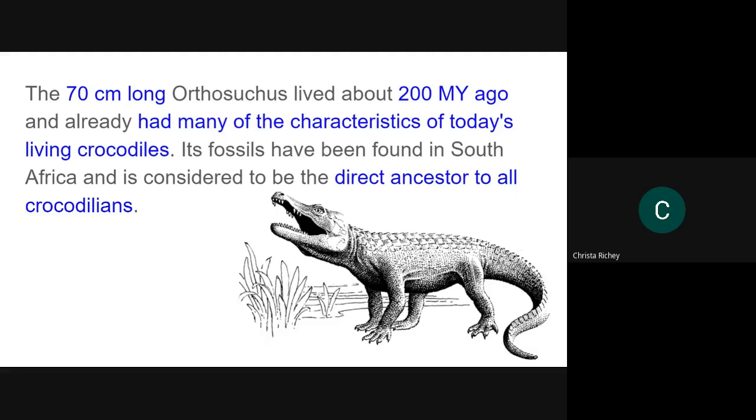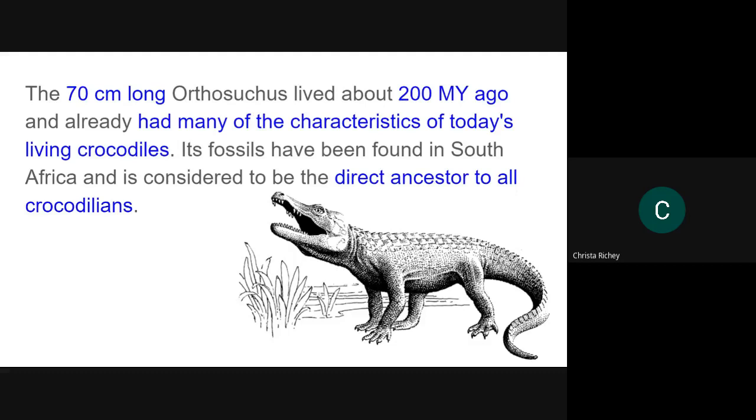This is a primitive Archosaurus, very similar to modern day crocodiles. The big difference is the length of the legs. Most archosaurs had front limbs shorter than the back limbs, and that's true today too. If you've ever seen an alligator or a crocodile, they're sort of sloped towards their head.